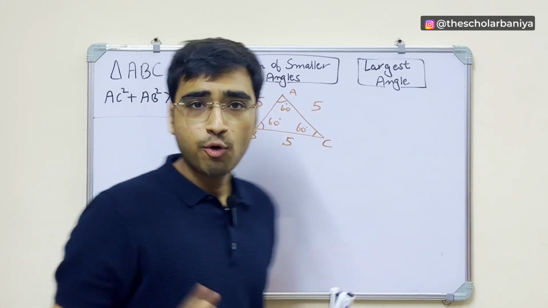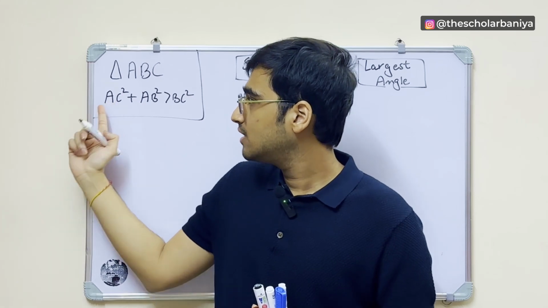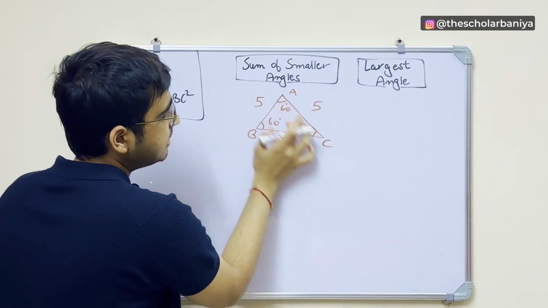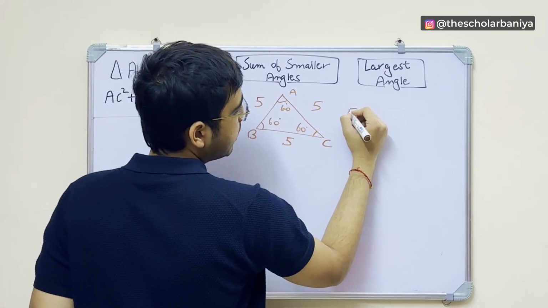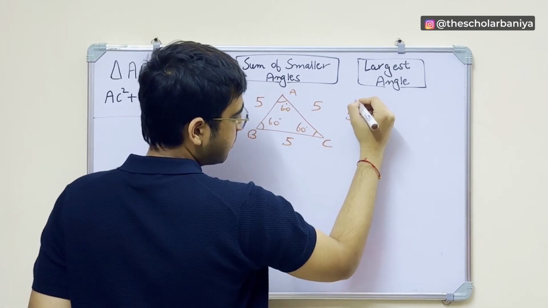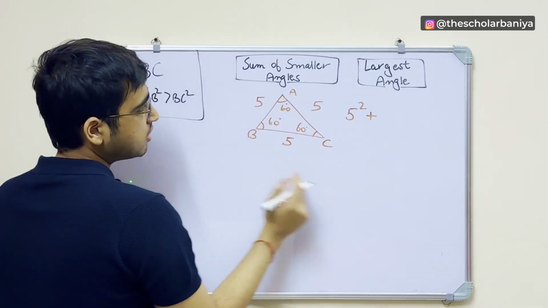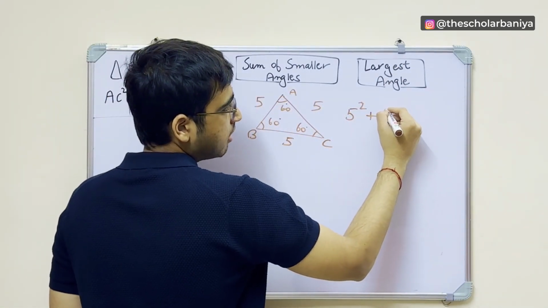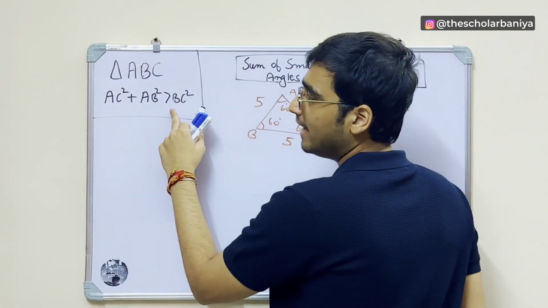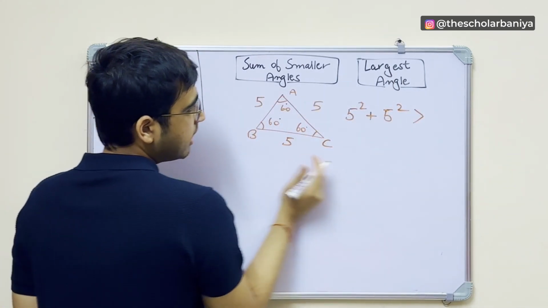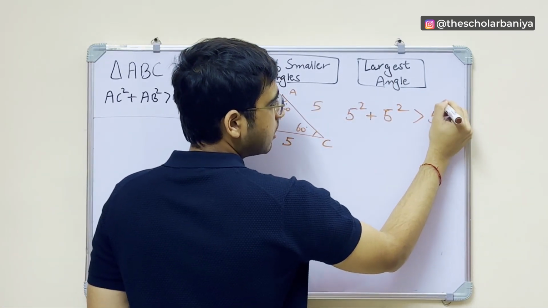Now tell me one thing, what is given in the question? The question says AC square plus AB square. So what is AC square? AC square is 5 square, right? Plus, what is AB square? AB square is again 5 square. This should be greater than BC square, which is 5 square.